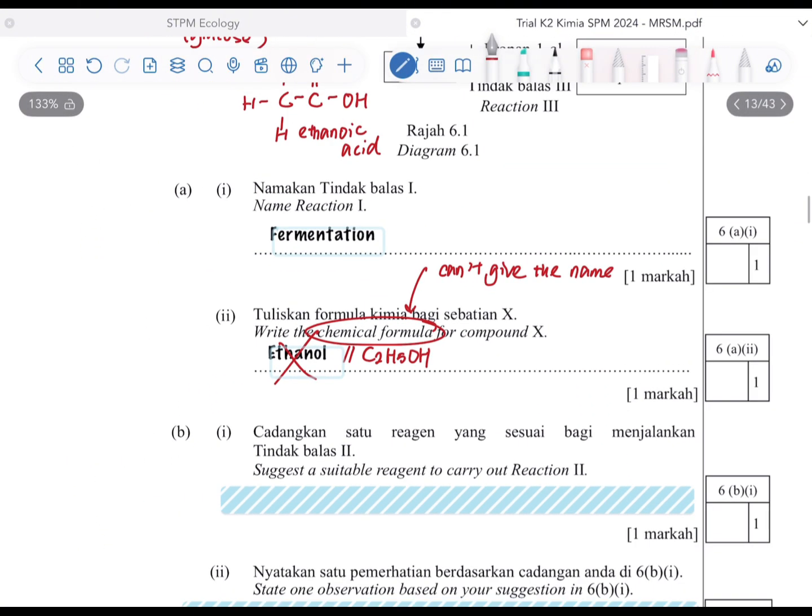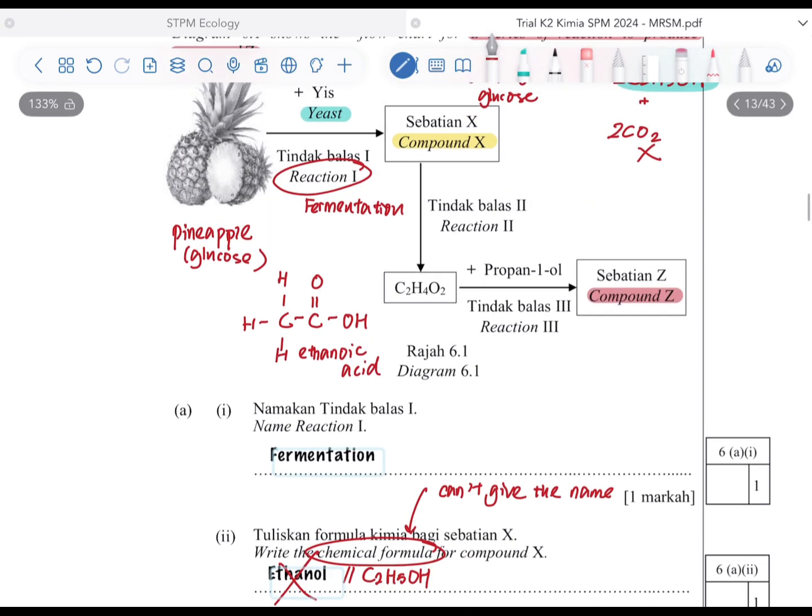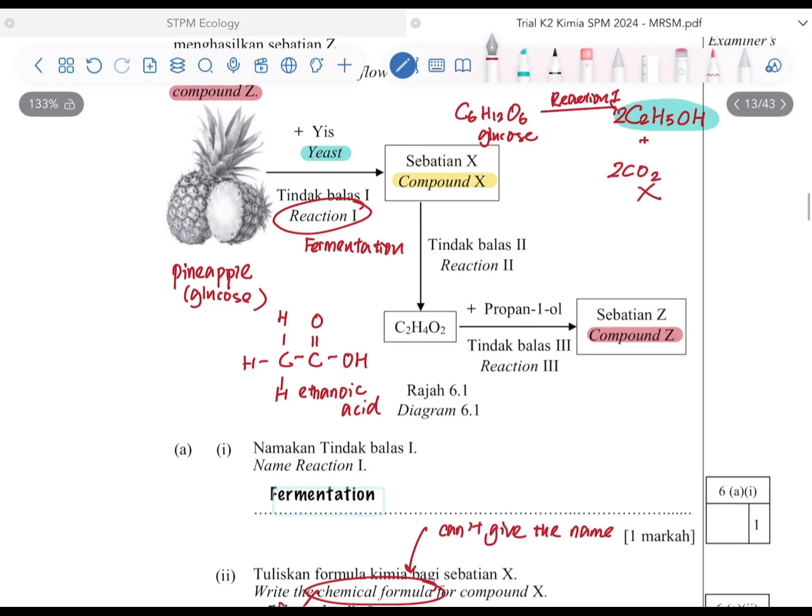Okay, B1. Suggest a suitable reagent to carry out reaction 2. So let's see what is reaction 2. Okay, so we already know that compound X is ethanol. So ethanol undergoing reaction 2 will form ethanoic acid. So you need to know what is the conversion process and the reagent needed to form ethanoic acid from ethanol.